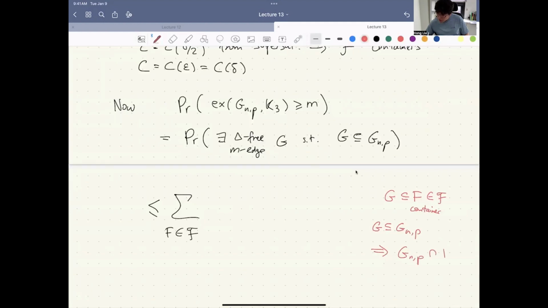The number of edges of G(n,p) intersect F is at least the number of edges of G, which is M. Correct? This implies this. So it is at most the probability that E of G(n,p) intersect F is at least M. Okay?